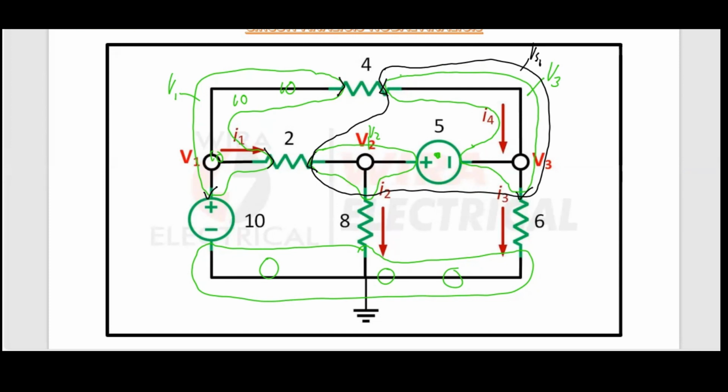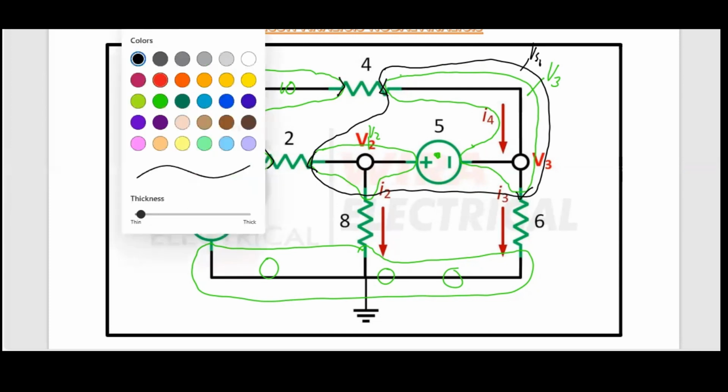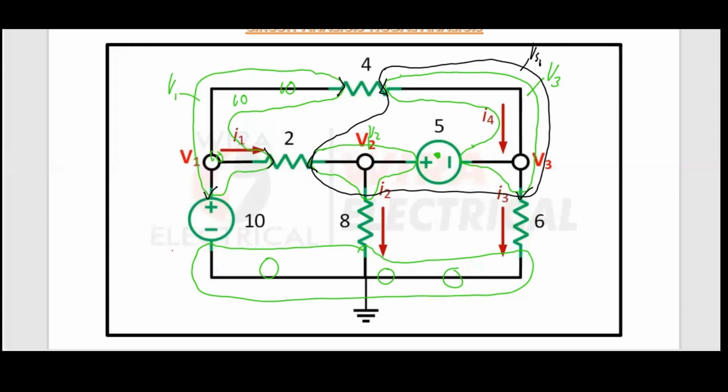So I form our equations. So I start with V1. So we have 3 endpoints. We have an endpoint here, an endpoint here, and an endpoint here. So I have three mini equations on it. So let's start. So V1, everything here could be positive for me.